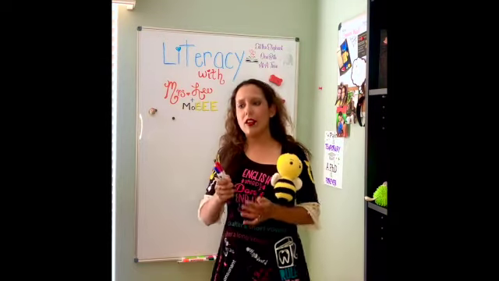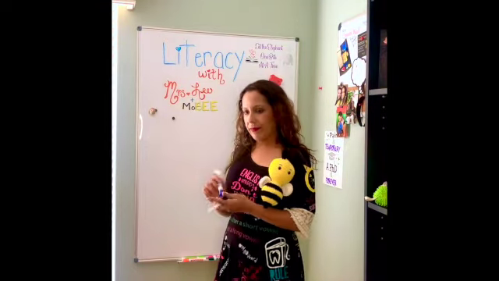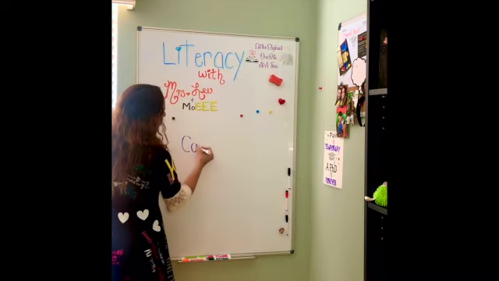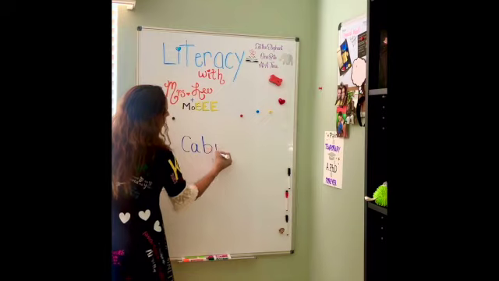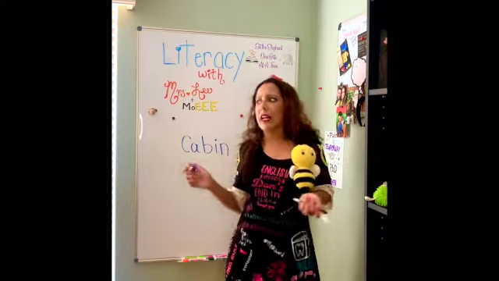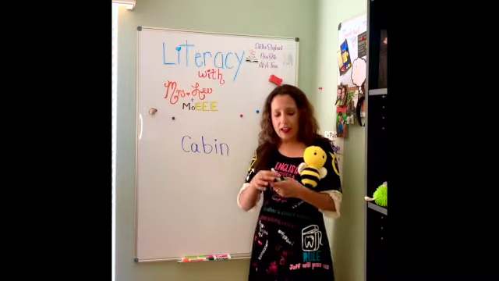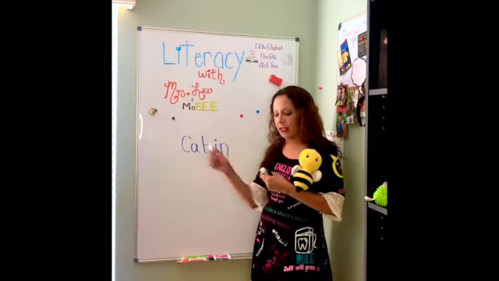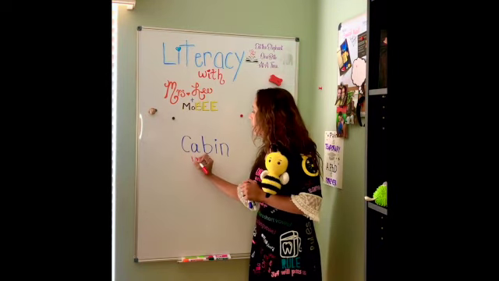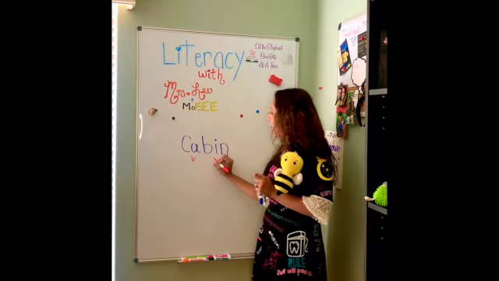Now let's try this other word. Let's pretend you don't know how to read this. Oh my goodness, we're running into this word and I don't know how to read it. First thing, I'm going to locate all my vowels. Here is my first vowel and my second vowel.